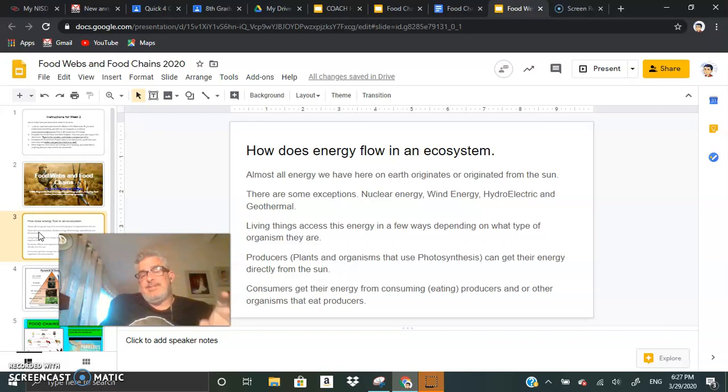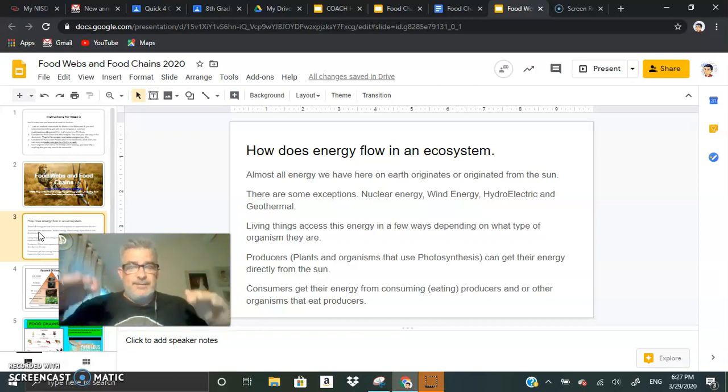There are some exceptions to the sun part: nuclear energy, wind energy, hydroelectric, which is water, and geothermal do not come directly from the sun. Now, you can kind of argue wind energy is created by the sun because of the different heating that we talked about last week that creates high pressure, low pressure, which creates winds. That's from the sun, but it's not from the sun. It's caused by the sun.